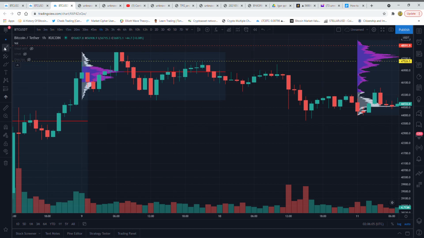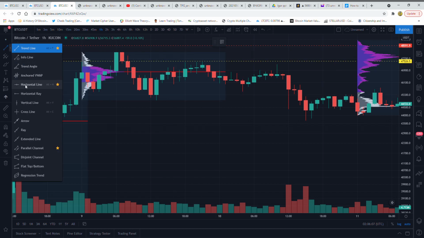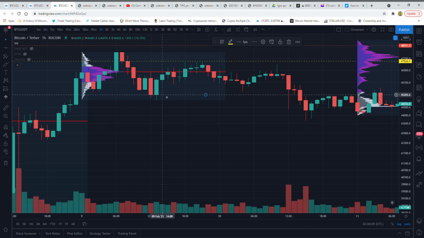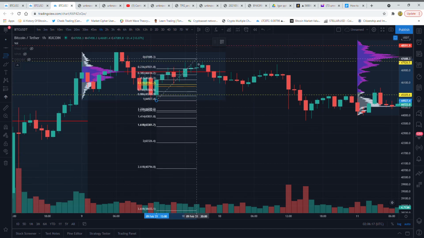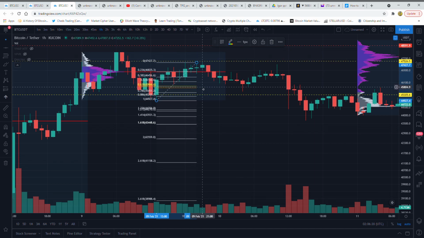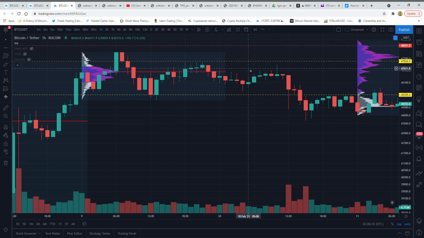So if you draw a horizontal line, you're almost hitting the support. If you take a Fibonacci from low to high, you see that it's hitting the golden area, as I like to call it, 0.618, and you can go to a long position. First profit will be taken when the price reaches this level.